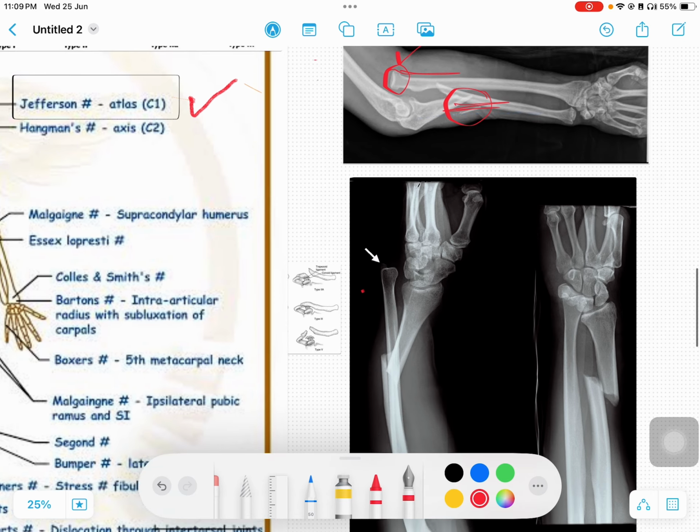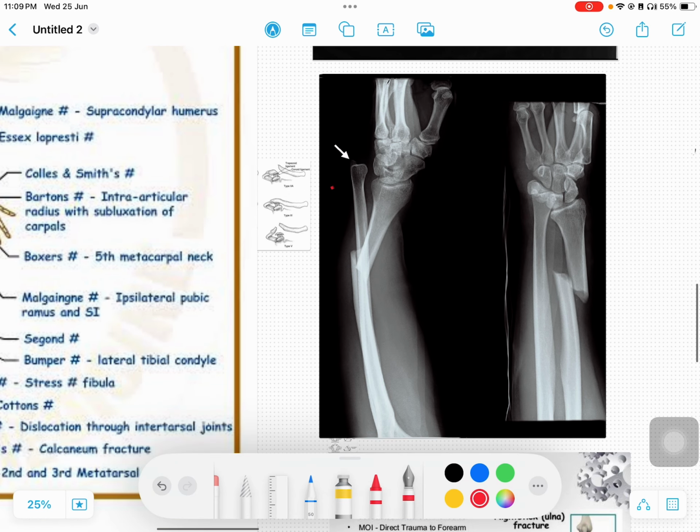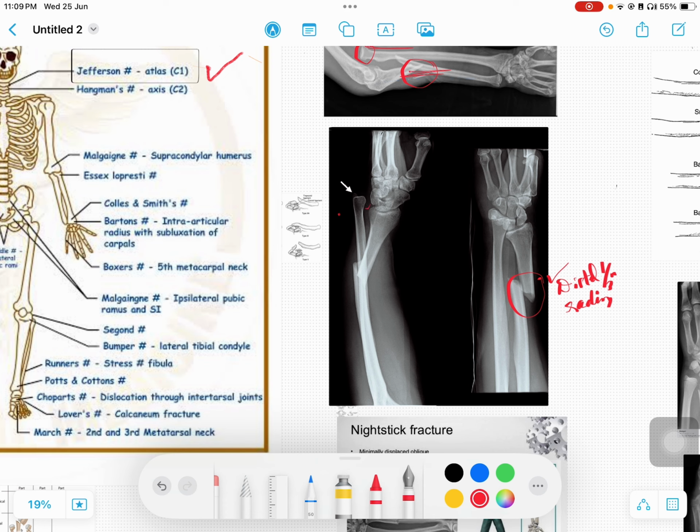Next one is the Galeazzi fracture. What is Galeazzi fracture? It is the named fracture where there is a distal radius fracture, or distal one-third radius fracture, with DRUJ disruption, distal radio-ulnar joint disruption.